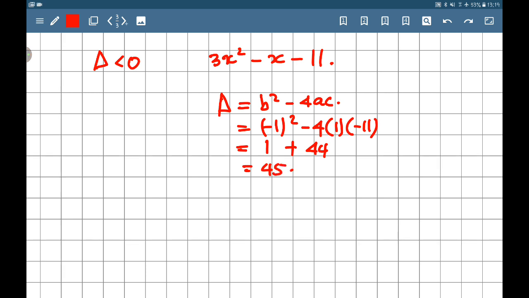So it's 45, right? So the discriminant is 45, which means it's real, it's unequal. So it's 133.